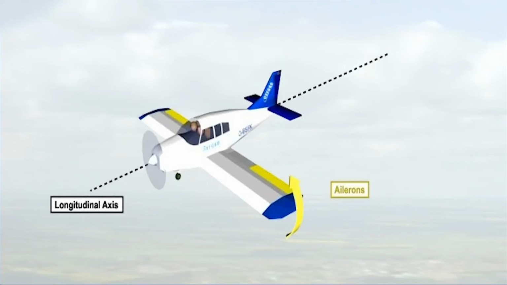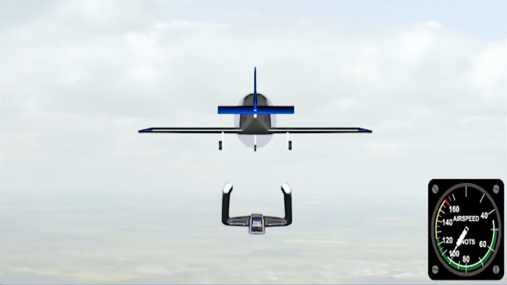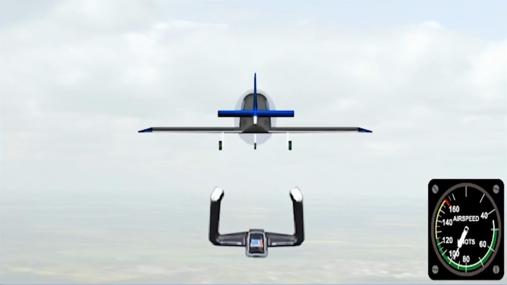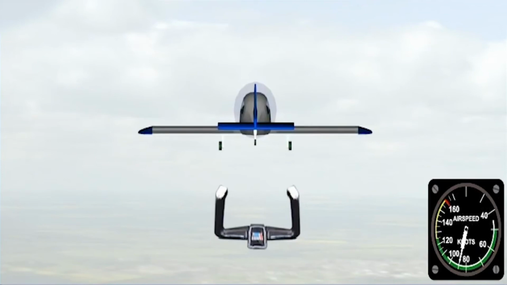We'll now look at these further or secondary effects. There is no secondary effect of elevator or stabilator, though, as you've learned, as the nose of the aircraft is pitched up and down, the change in attitude causes a change in the aircraft's speed through the air.